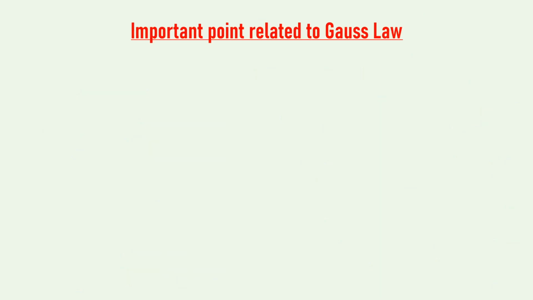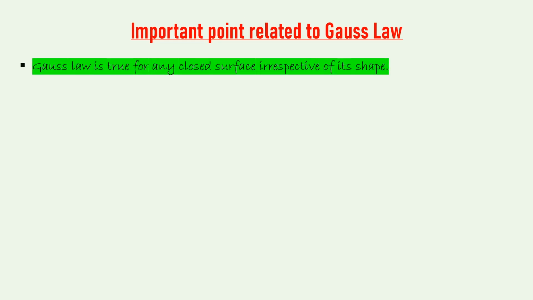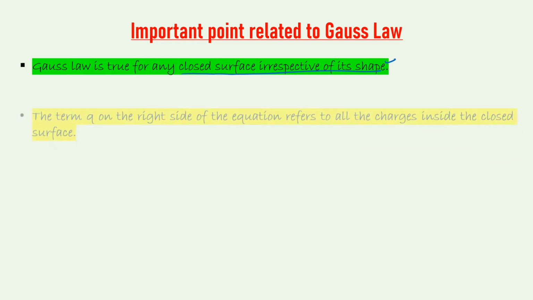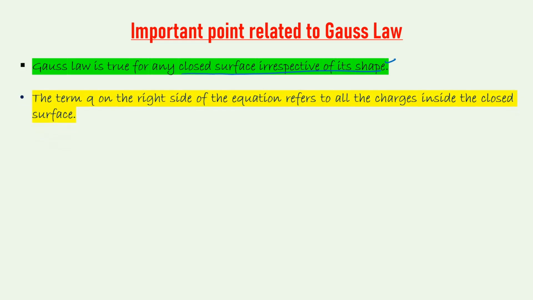Further, let us look at some important points related to Gauss law. The first point says that Gauss law is true for any closed surface, irrespective of shape and size. The term Q on the right side of the equation refers to all the charge inside the closed surface.